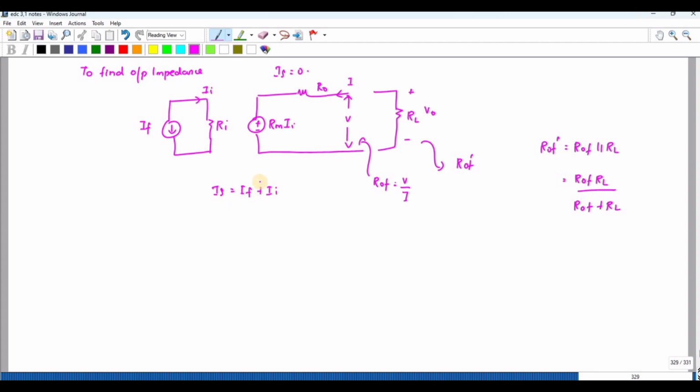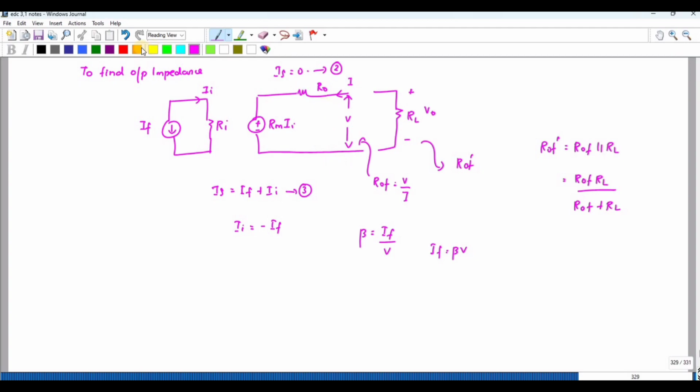Here since Is is 0, this is your second equation, and this is your third equation. You substitute the value, I will get Ia is equal to minus If. And we know that beta, what is beta? Beta is nothing but If divided by V. It is not V naught, because here I have only V. So what is the value of If now? If is equal to beta into V.